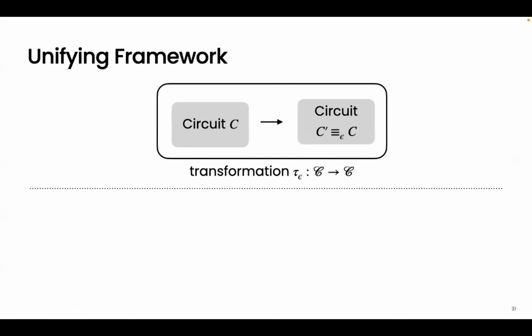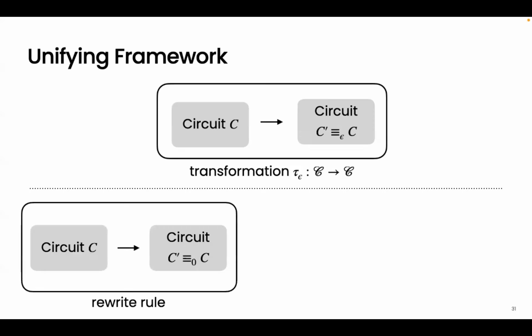And so what we need to apply these optimizations freely is a way of abstracting what they do. So the abstraction is very simple. It's just this circuit transformation where you are input a circuit and it gives you a circuit, and there's some guarantee on the distance between these two, which is parameterized by epsilon.